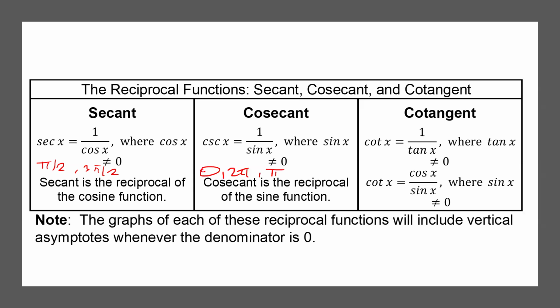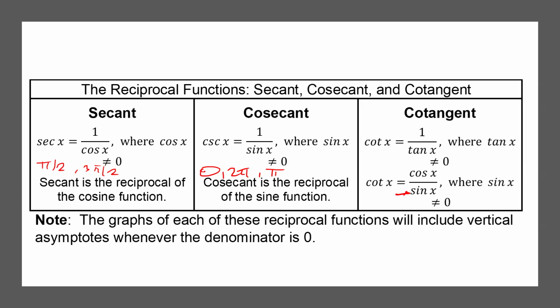Okay, next we have cotangent. Cotangent is the reciprocal of tangent, okay? And so tangent is a little tricky because tangent is already a ratio itself. Does that make sense? Tangent is already a ratio, and that ratio is normally sine over cosine. So therefore, cotangent is going to be cosine over sine. That means its restrictions depend on sine x. So its restrictions are still the same as sine x.